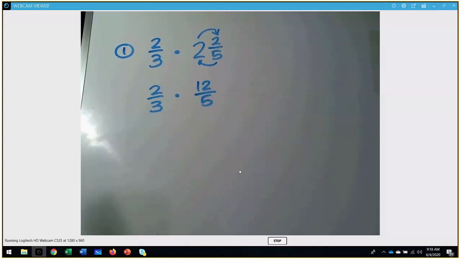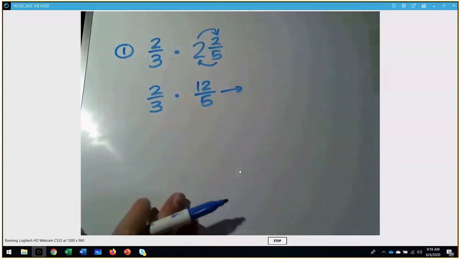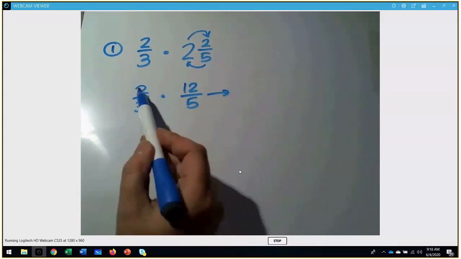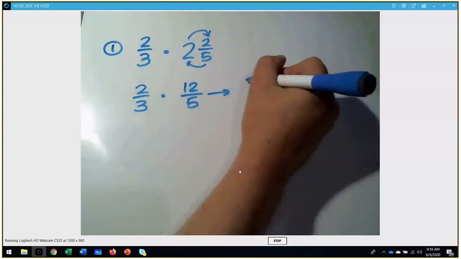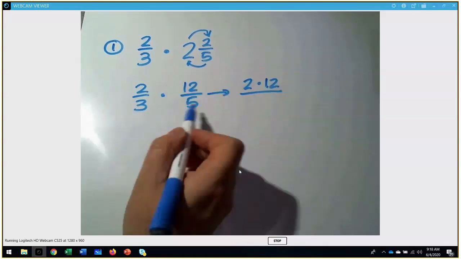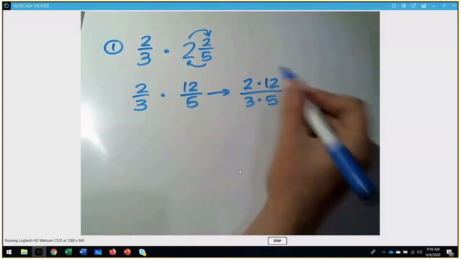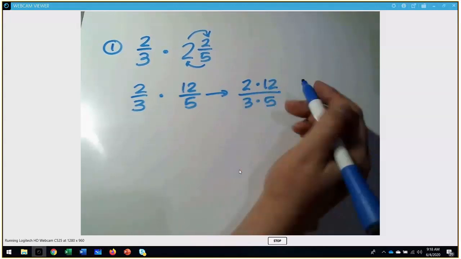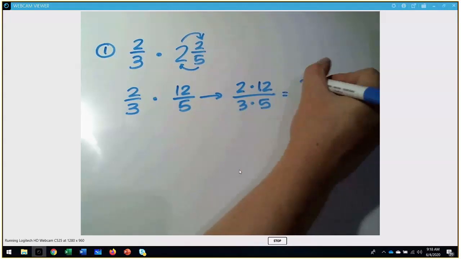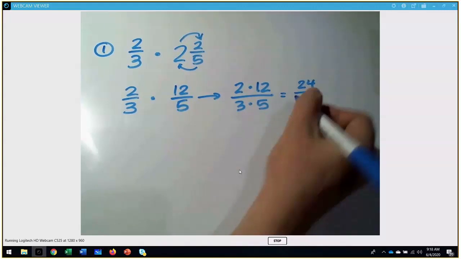For the first way, I'm going to take it straight across the way I just mentioned before. So I'm going to do 2 times 12. And then 3 times 5. 2 times 12 is 24. 3 times 5 is 15.